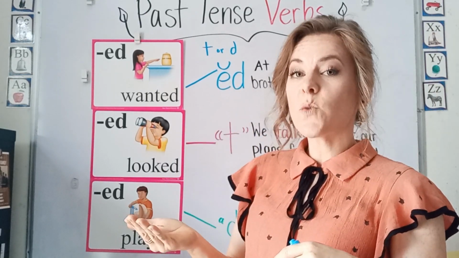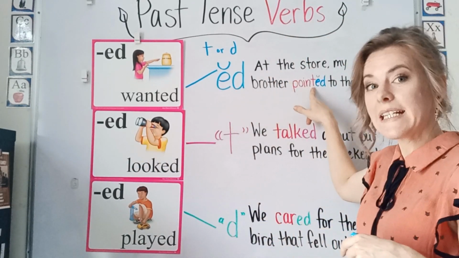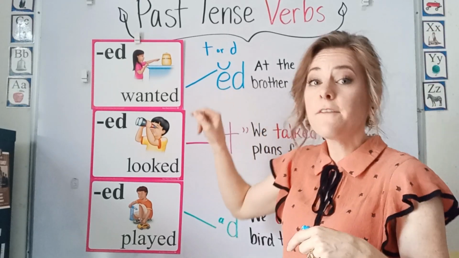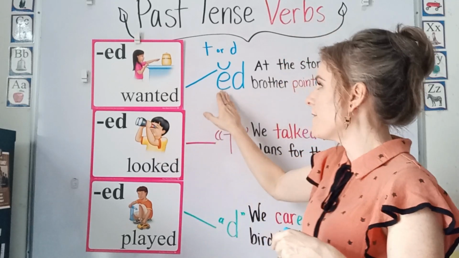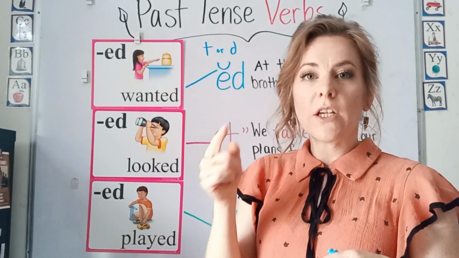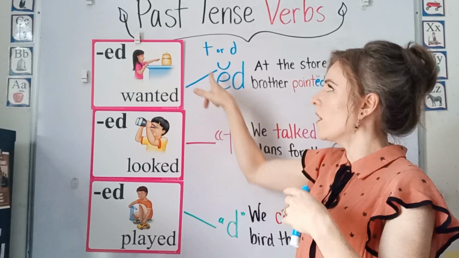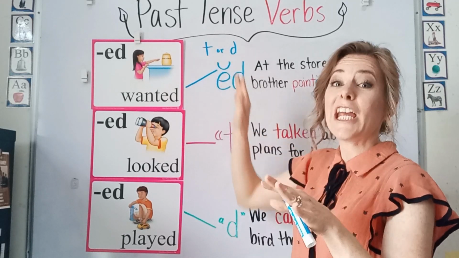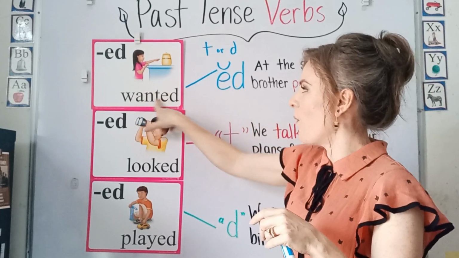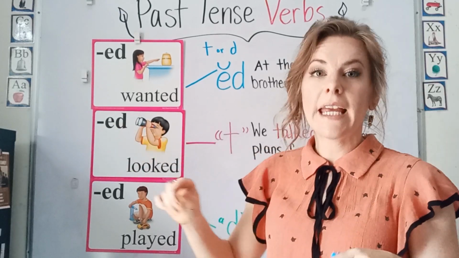Land ends with a D, landed. Point ends with a T, pointed. Lift ends with a T, lifted. So this is a little rule that you can remember to help you know: if it ends with a T or a D, it usually makes the ed special sound in wanted.